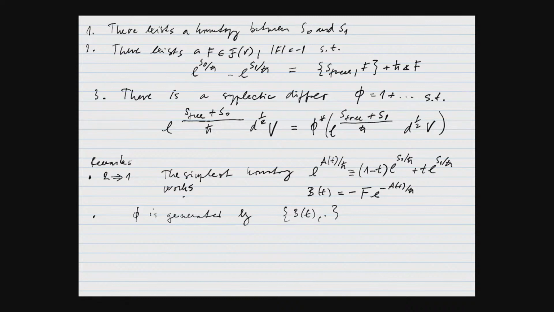This is differential, so this difference is exact with respect to the differential Q plus ħ delta. And the third equivalent statement is that there exists a symplectic diffeomorphism starting with identity, such that if you take the semi-density formed by the action S1 and you pull it back with respect to this diffeomorphism, you get the one for S0.